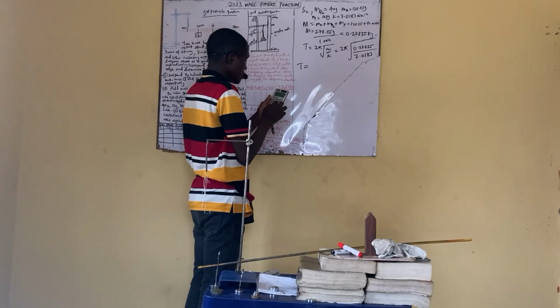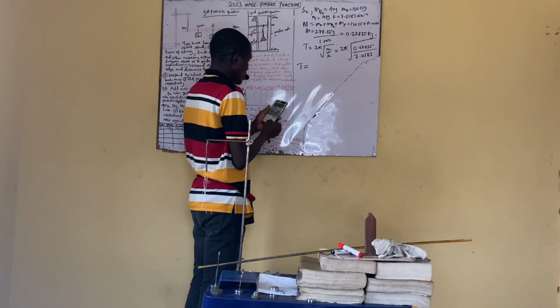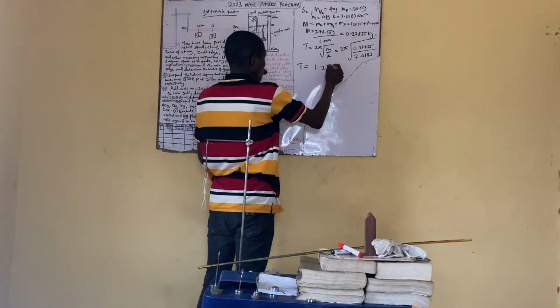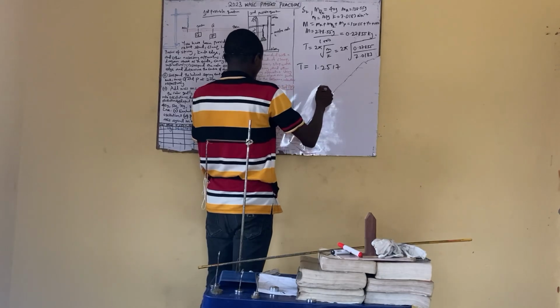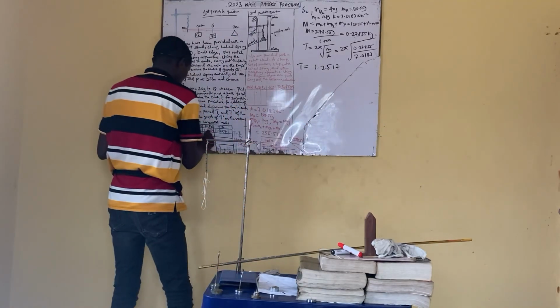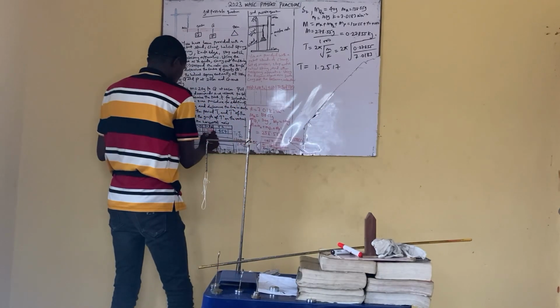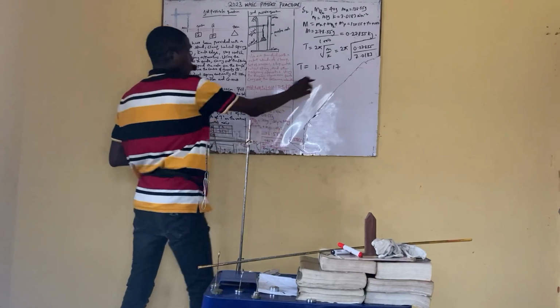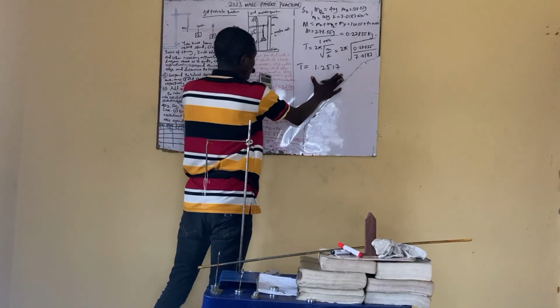Please do that. So if I do this, what do I get? I get 1.2517. Don't approximate this one like that.